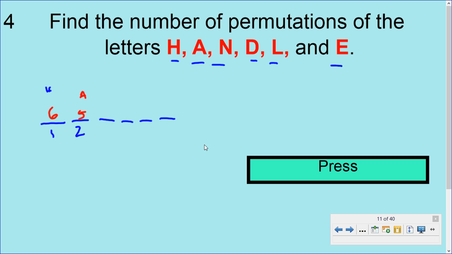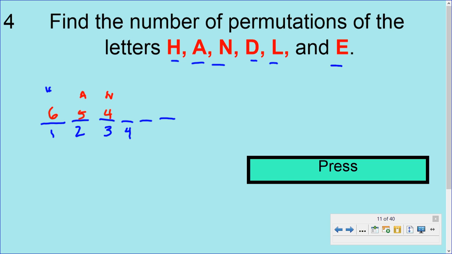Now I'm left with my third letter. So my third letter, I have a choice of using other letters other than H and A because they're holding these first 2 spots. So I got 4 different letters to choose from, and I can choose the N to hold that spot. So I'm going to keep going down.